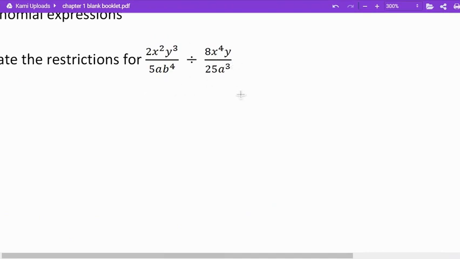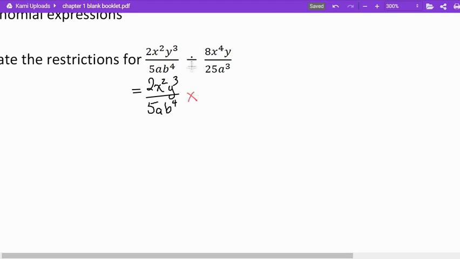Okay. So the first thing I see is I have a division sign. Now notice I love using, and I expect you to use, vertical equal signs. Okay. So I just rewrite the first expression.